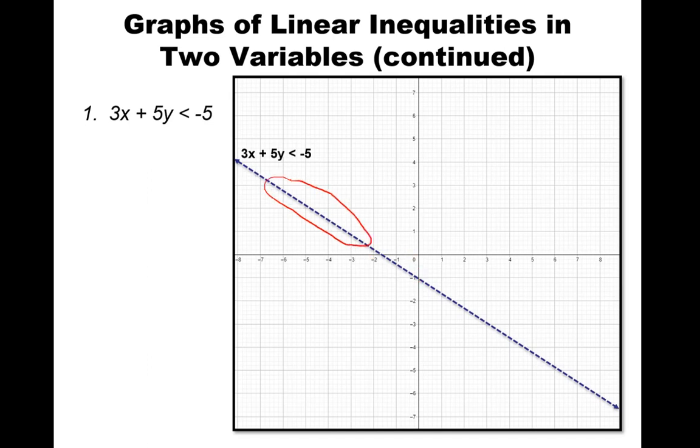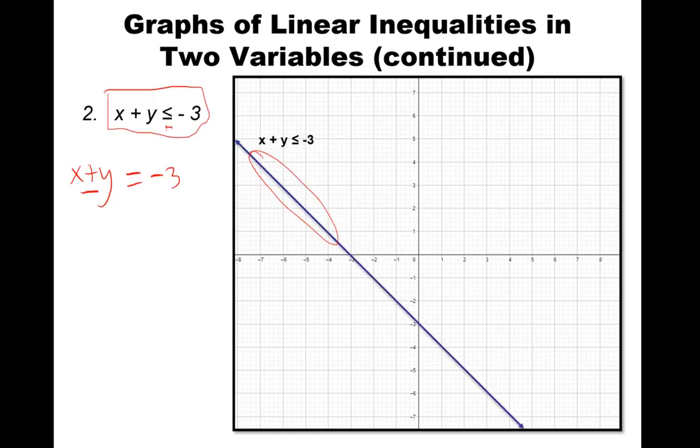Bakit nga ba ganun? Take note, ang ating operator right here, or yung ating symbol right here ng inequality is less than lang. Whereas yung ating pangalawang example, less than or equal to. Kapag ganito yung ating symbol for inequality, it is expected na yung magiging graph niya, yung graph ng ating line right here, will have a solid line.